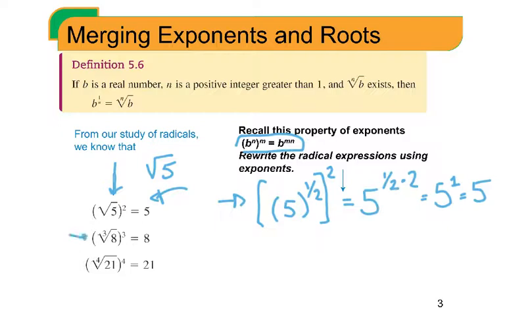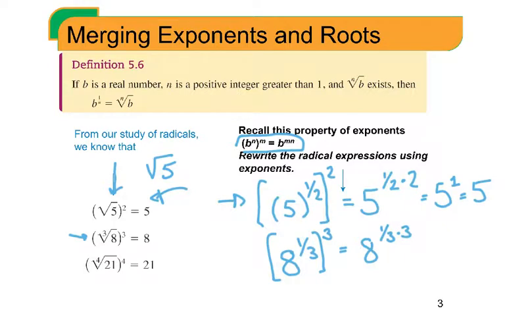So let's look at the next one. I have the cube root of 8, which is 8 raised to the 1/3 power. And then, well, actually, since it's a positive number, I can write it like this. Maybe you'll like this better. 8 to the 1/3 power. And then what are we doing to it? We're cubing it. So our rule says multiply the exponents.